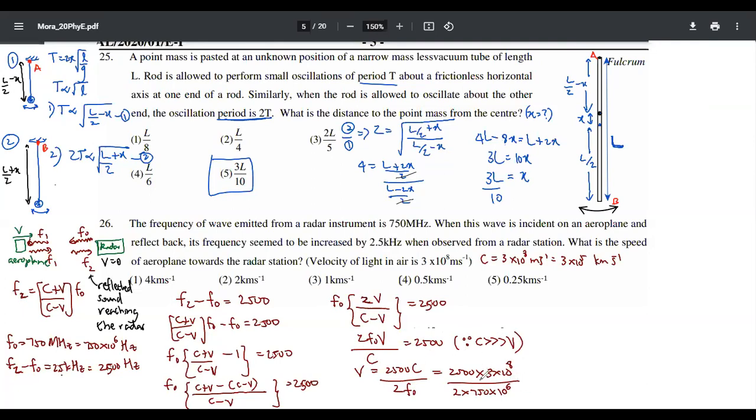If you simplify that, what are we getting? With 750 I can cut: 3 into 250, so the 3 is gone, the 250 is gone. I'm getting a 10 here.